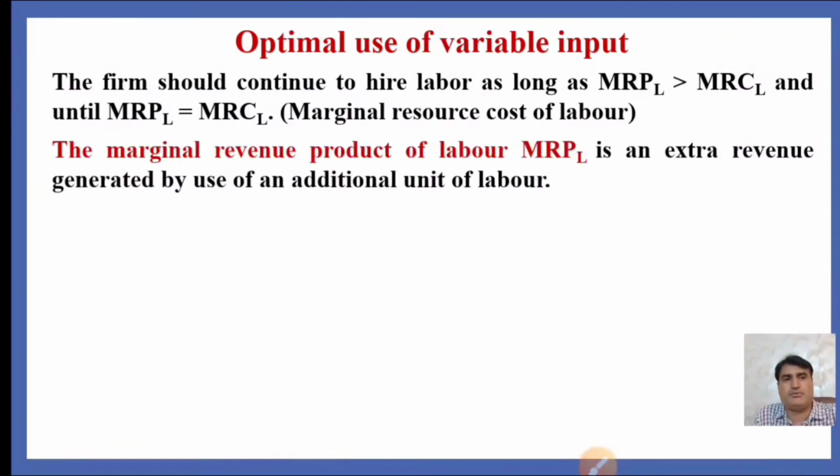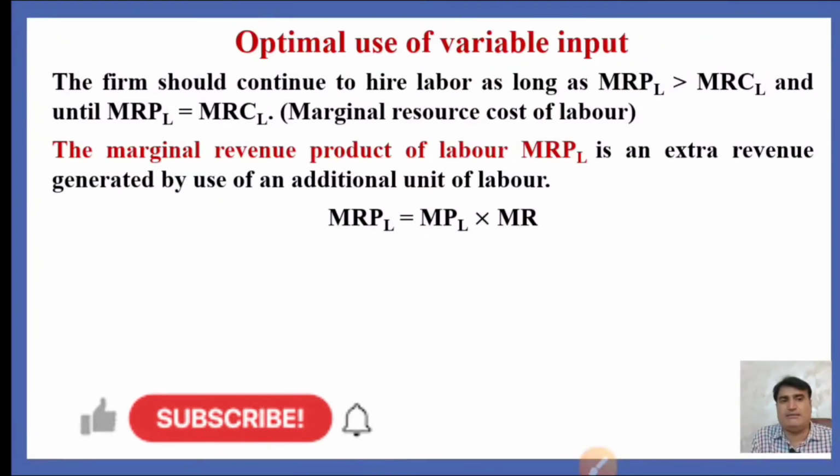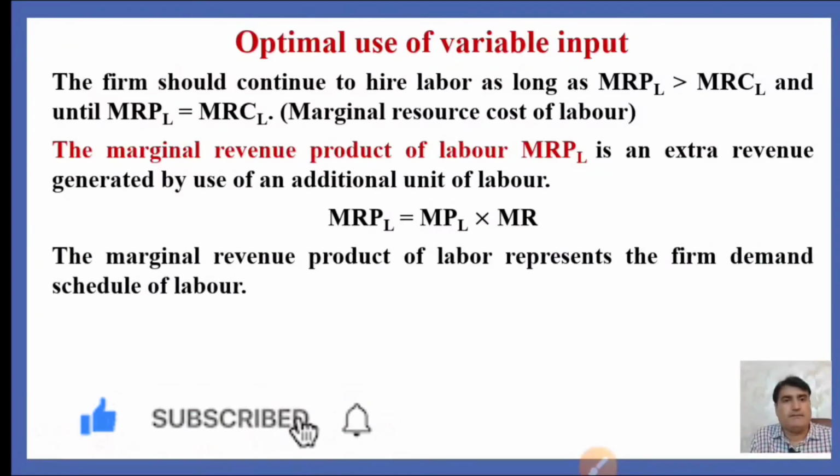What is the marginal revenue product of labor? The marginal revenue product of labor is the extra revenue generated by the use of an additional unit of labor. Marginal revenue product of labor is equal to the marginal product of labor multiplied by the marginal revenue. MR means marginal revenue. The marginal revenue product of labor represents the firm's demand schedule for labor.